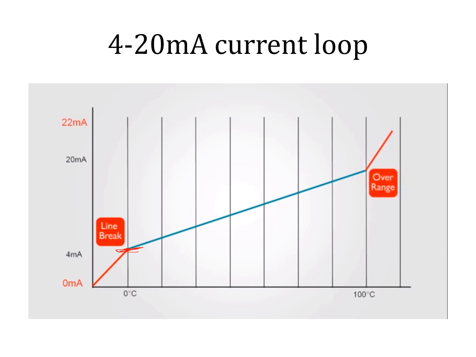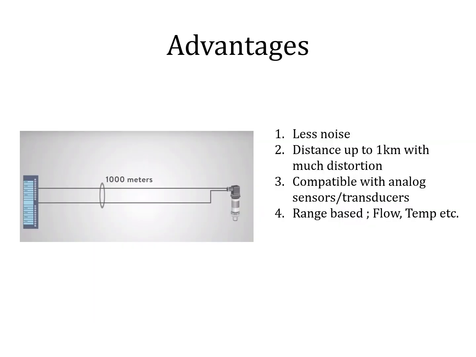Since it is compatible with 4 to 20 milliampere output, that transducer will generate 4 milliampere corresponding to the lowest value of temperature it can measure, and up to its maximum value it will generate 20 milliampere. In between, all the values of temperature correspond to corresponding current values. That is the meaning of the 4 to 20 milliampere current loop.